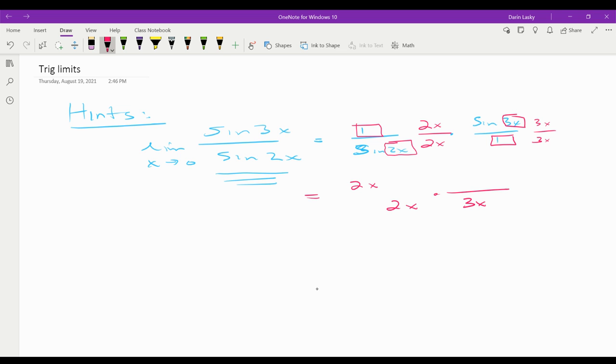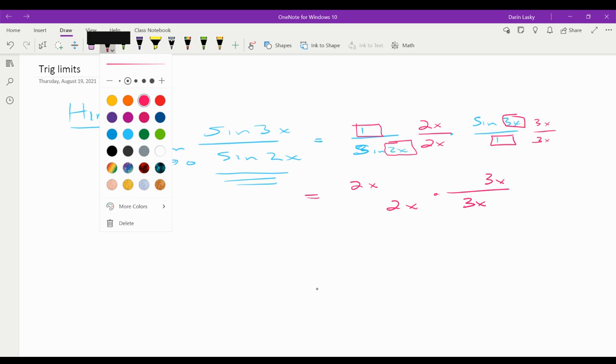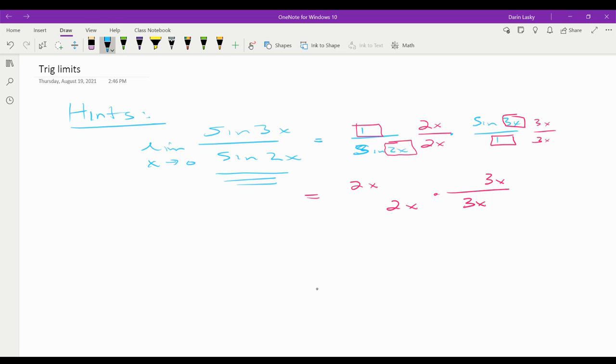And then we do this. I'm going to do a 3x here, and then let me go back to my other color. And then I have a sine of 2x from the original problem, and I have a sine of 3x from the original problem.